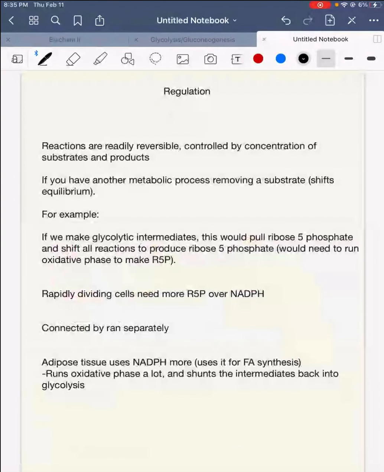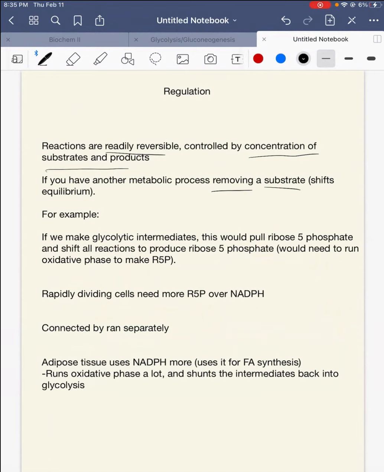A lot of these reactions in the pentose phosphate pathway are reversible, so the flux and the regulation is controlled by concentration of substrates and products. For example, if we have another reaction that's removing substrates away, it will shift that equilibrium to run that certain phase more.